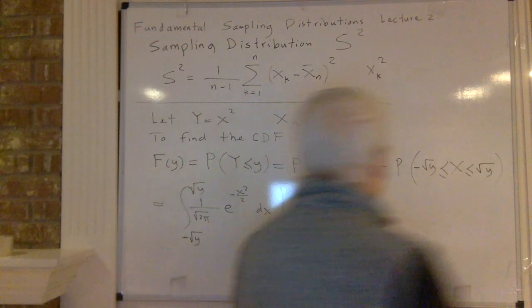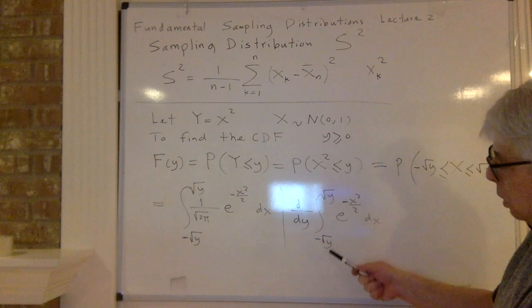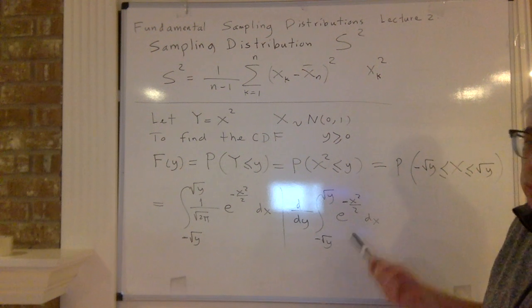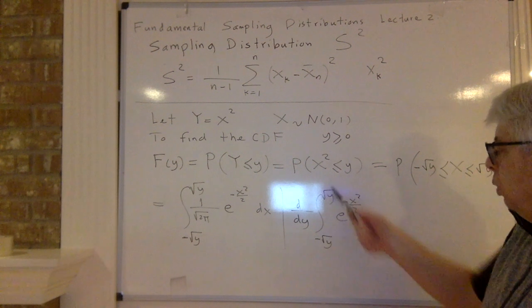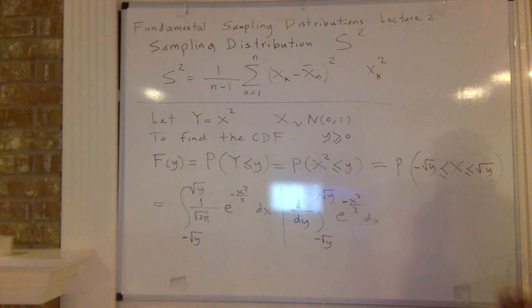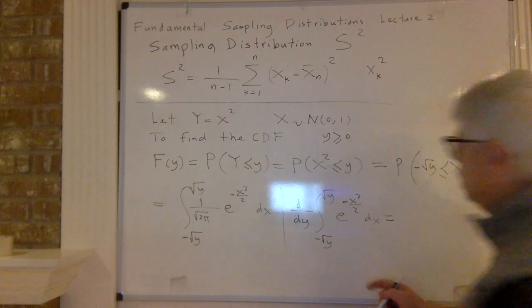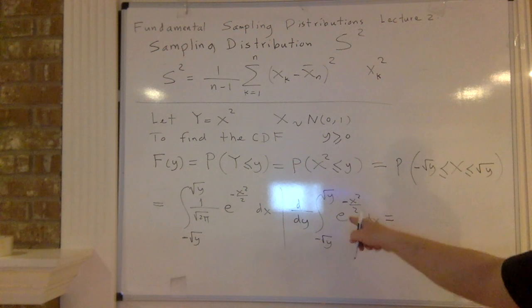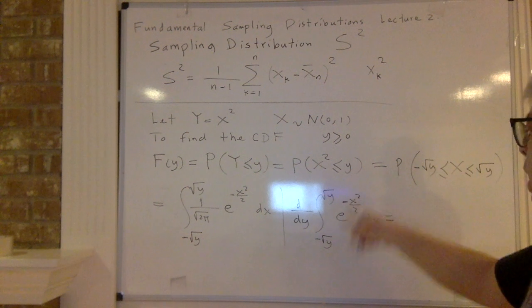That fundamental theorem usually has something like a to x, for example. But if you have this, you have to use the chain rule: the derivative of the upper limit minus the derivative of the lower limit, times the integrand evaluated at these two.